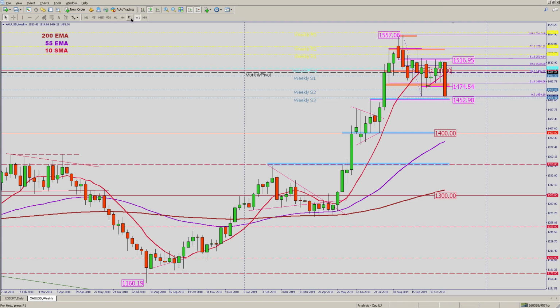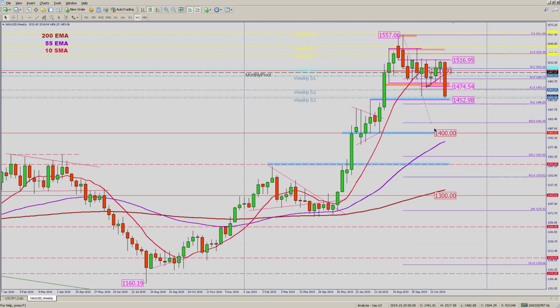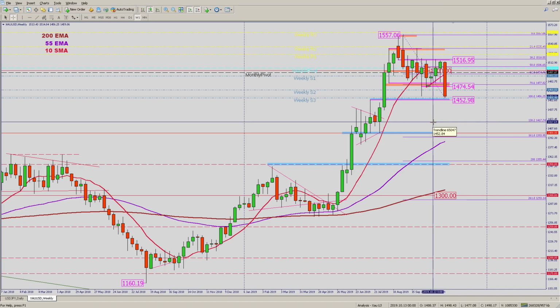All right, we can also change this to a fib. Either a fib continuation move from swing high to the recent swing low, where the 138 fib extension is at the 1417, 1418 area.